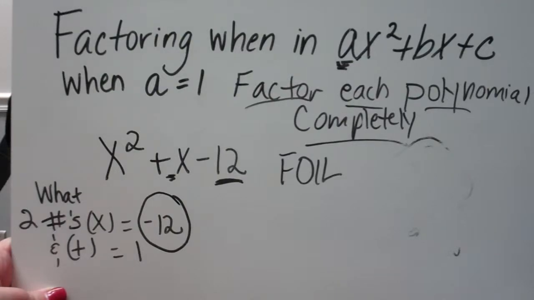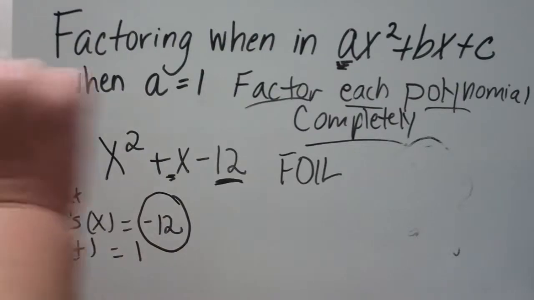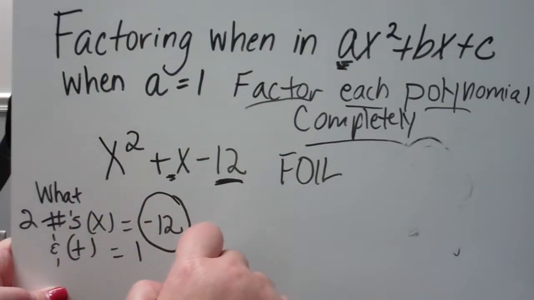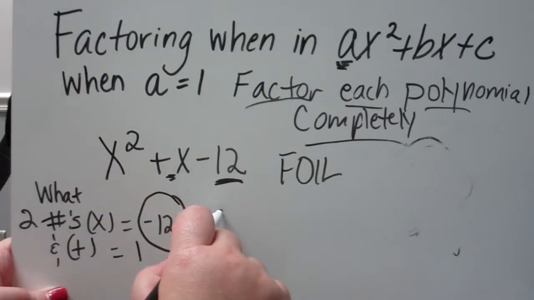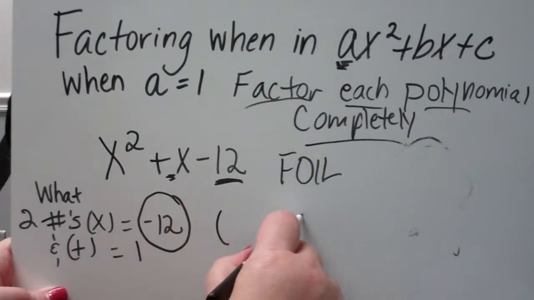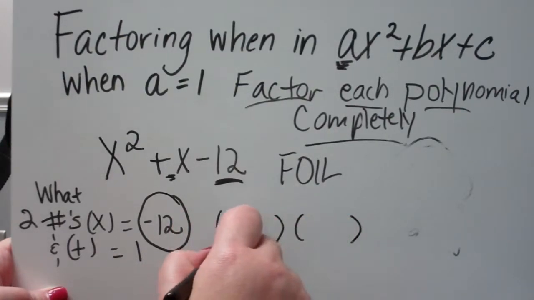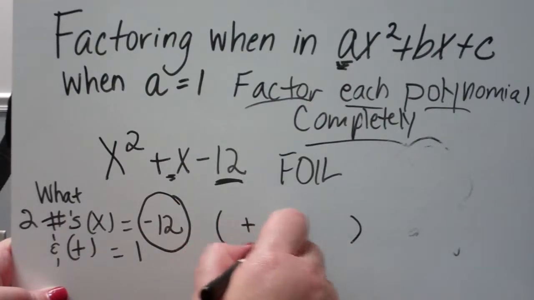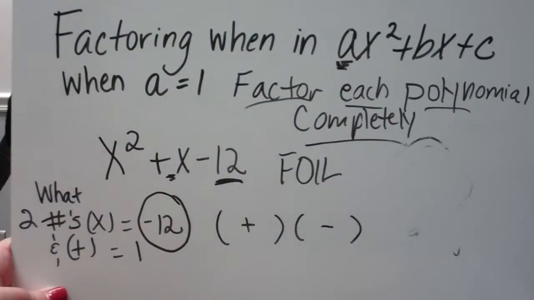Now let's think about positive and negative numbers when we multiply. In order to get a negative number when we multiply, we're going to have one number that is positive and one number that is negative. So let's put our parentheses down, and put a positive sign and a negative sign.